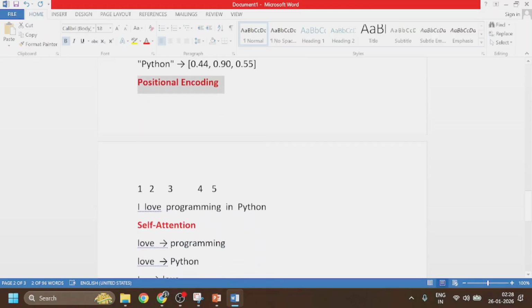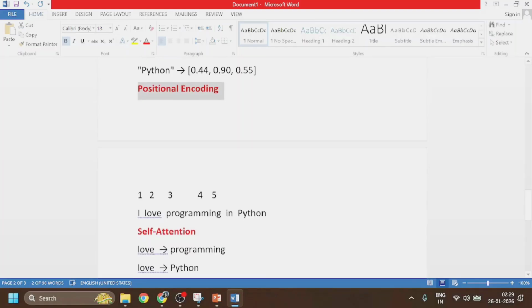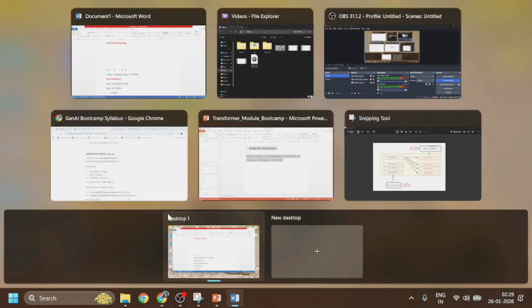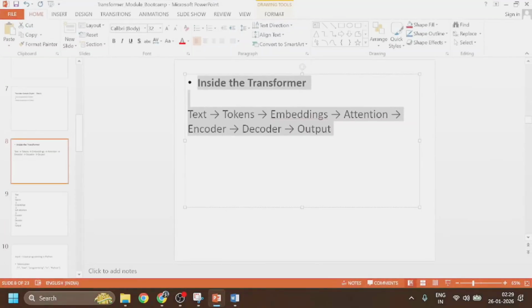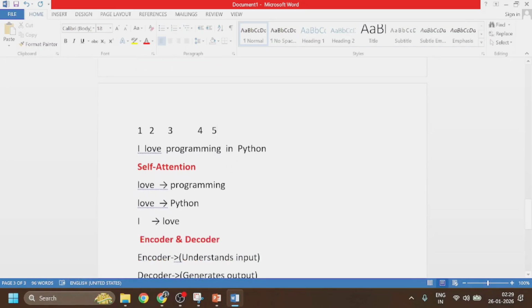So what does it mean? The transformer reads all the words at the same time, so it needs help understanding the word order.